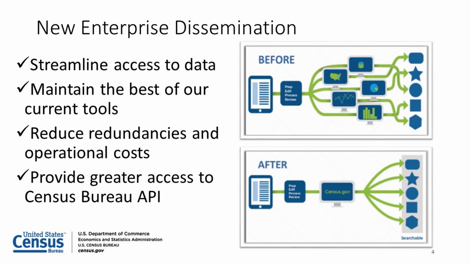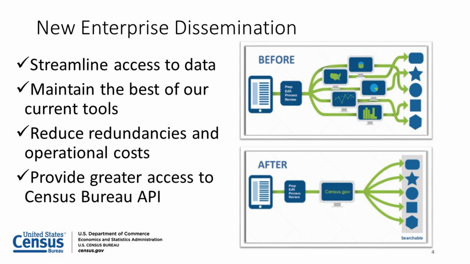Resources are always an issue, so where we can streamline and eliminate needless excess deliveries to different dissemination platforms, that's what we'd like to do. And then in the end, we'd like to provide greater access to the Census Bureau's API. This before and after really shows a little bit of a cartoonized characterization of what we're trying to do.